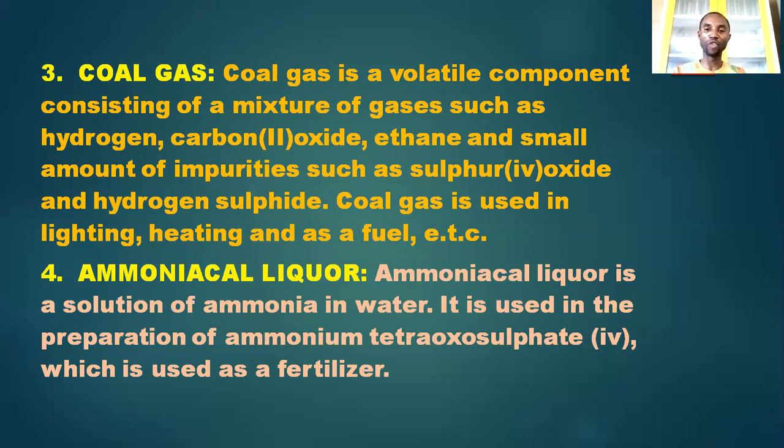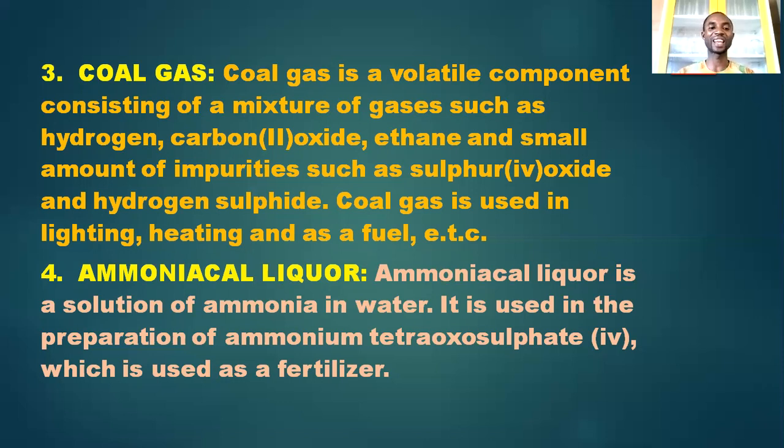Coal gas is a volatile component in destructive distillation of coal, and it is a mixture of gases such as hydrogen, carbon dioxide, ethane, and small amounts of impurities such as sulfur dioxide, hydrogen sulfide, and all of that. So it's a volatile component, but it is mixed up with several gases.